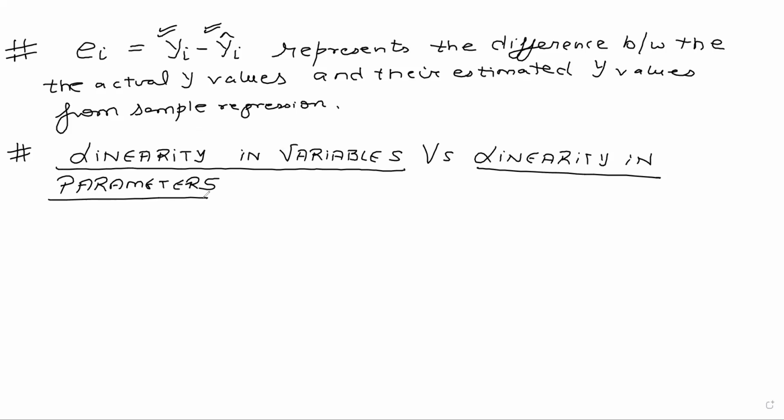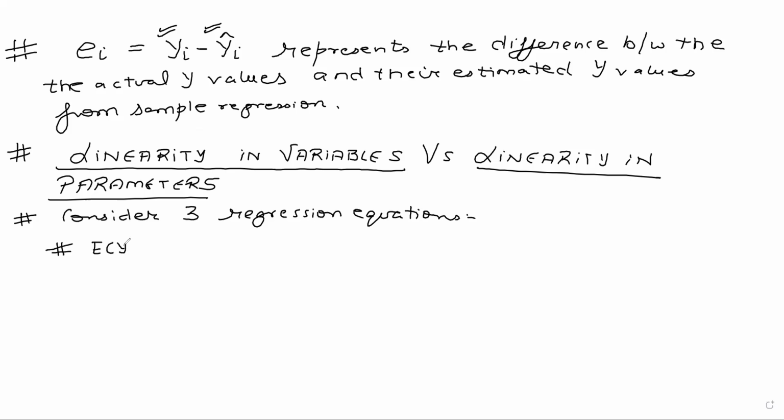So guys, consider three regression equations. Let's understand this using an example. I am giving you the population regression equations. First equation is expected value of y is equal to b1 plus b2 xi.